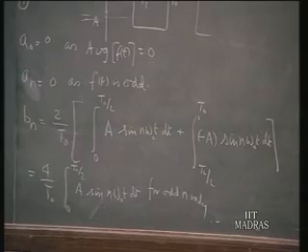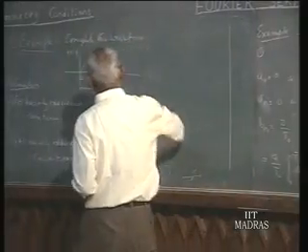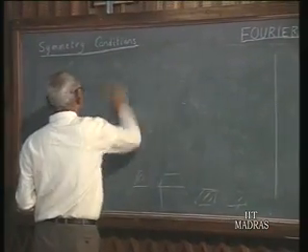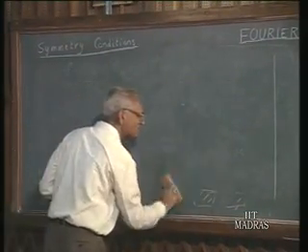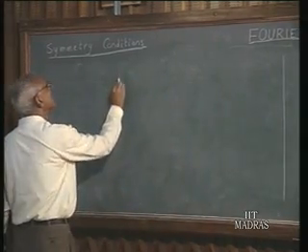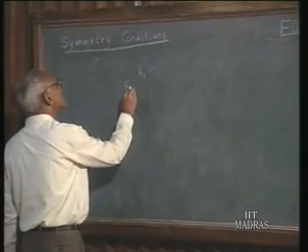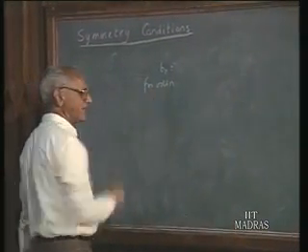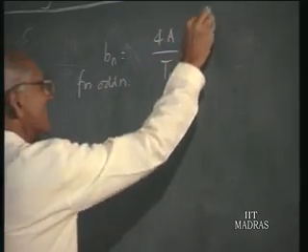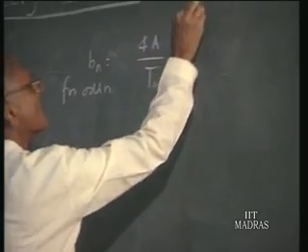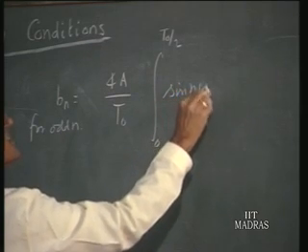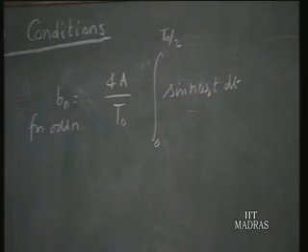So, you work this out, then Bn will be, for odd n, 4a by T naught, integral from 0 to T naught upon 2 of sin n omega naught t dt.